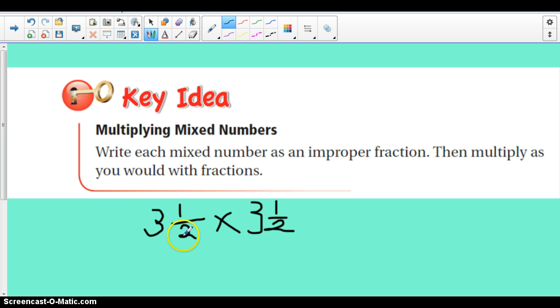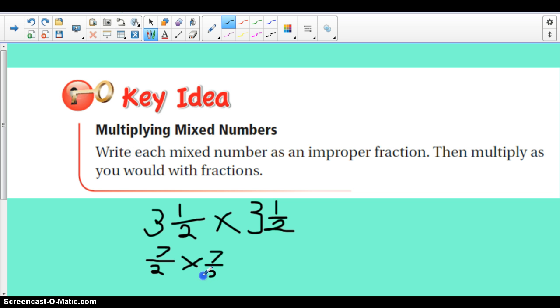So what you need to do is 2 times 3 is 6, plus 1 is 7, and as they said in the video that you watched, always leave the denominator the same. And then you multiply again here. Same improper fraction, because it's 3.5.